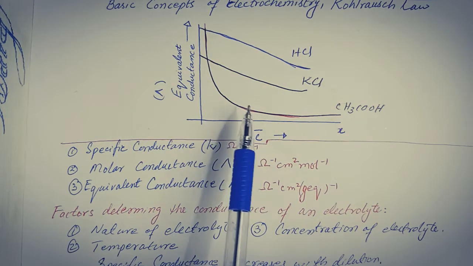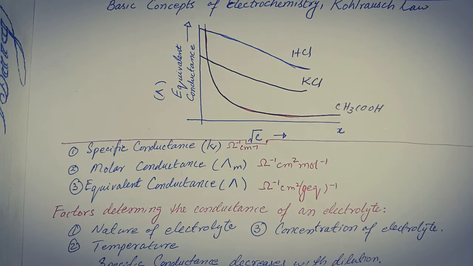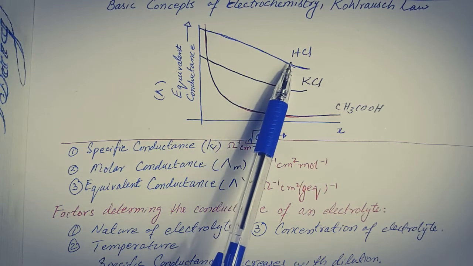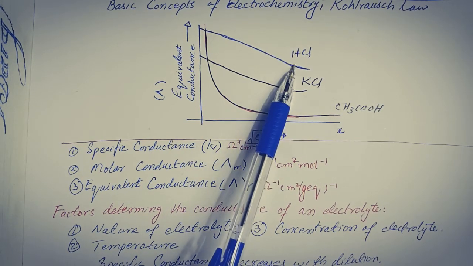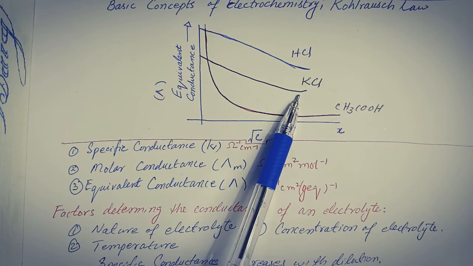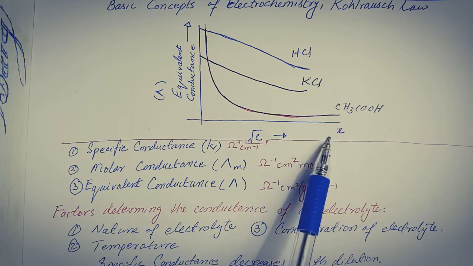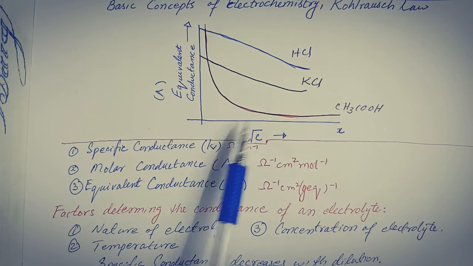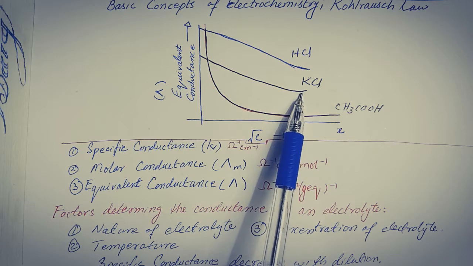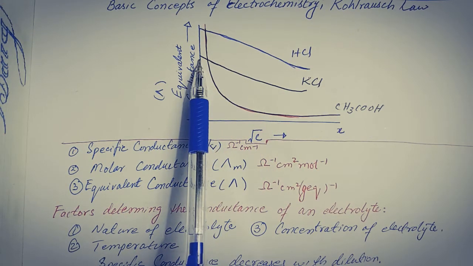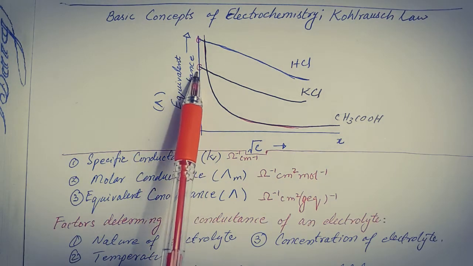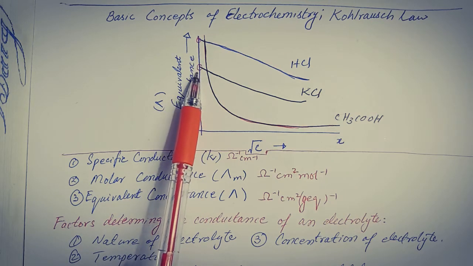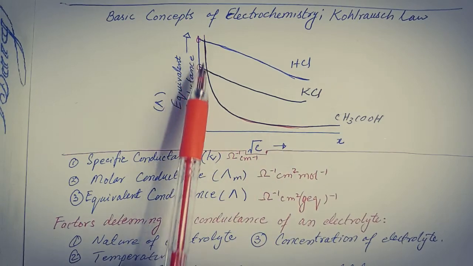We have 3 examples of electrolytes, and 2 strong electrolytes known as HCl and KCl. HCl is an acid, whereas KCl is a salt.